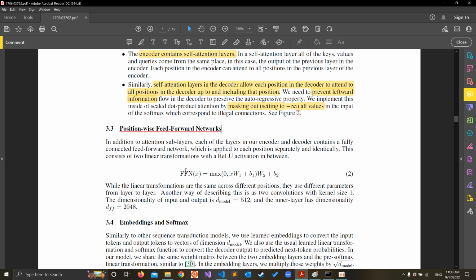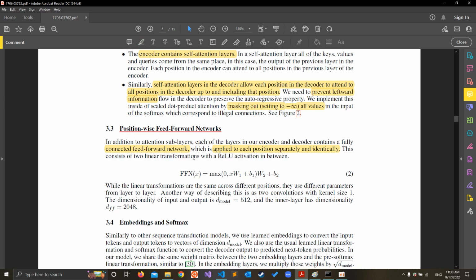In addition to attention sublayers, each layer of our encoder and decoder contains a fully connected feed-forward network, which we saw in the architecture as well, which is applied to each position separately and identically.